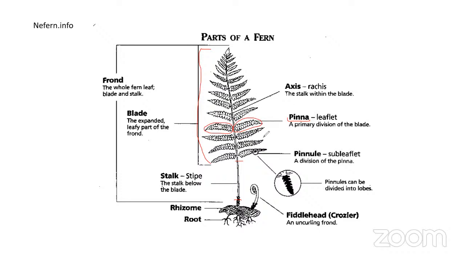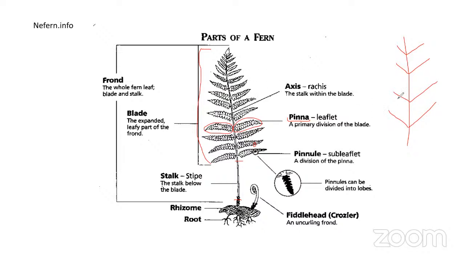Occasionally, if we were to zoom in on one of these pinna, we'll see doubly compound structures. Just a reminder of what I'm pulling out here, right? Say these are our pinna. When we say something is doubly compound, it is compound because they're separated, attaching to that central axis and the radius.